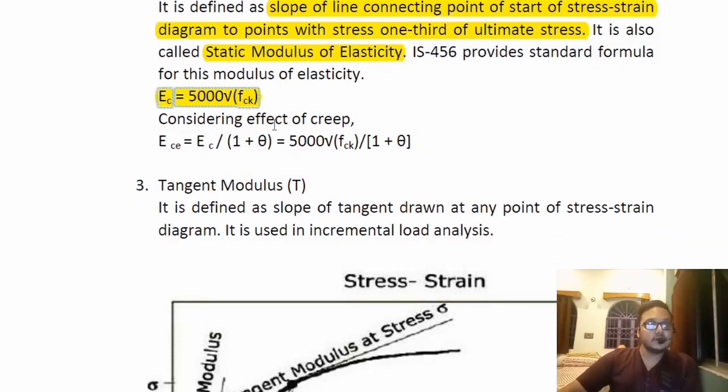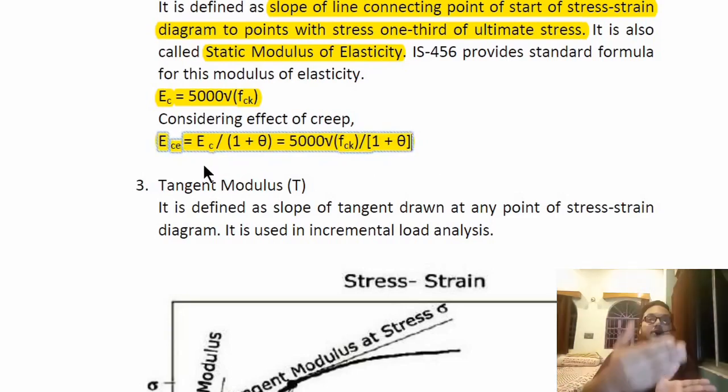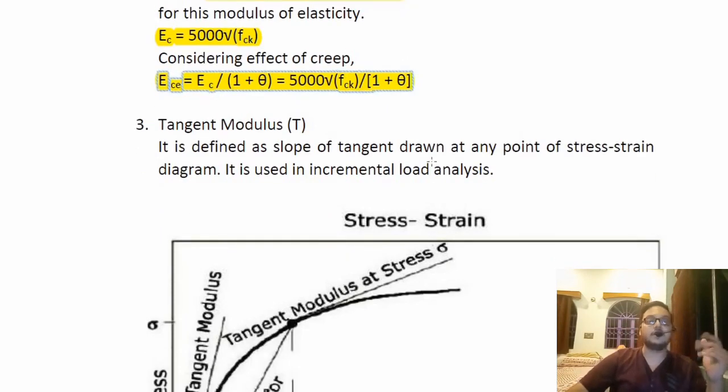Considering the effect of creep, Ece is given by a similar relation, where Ece is the modulus of elasticity considering creep, theta is the creep coefficient, and fck is again the characteristic compressive strength of the concrete.